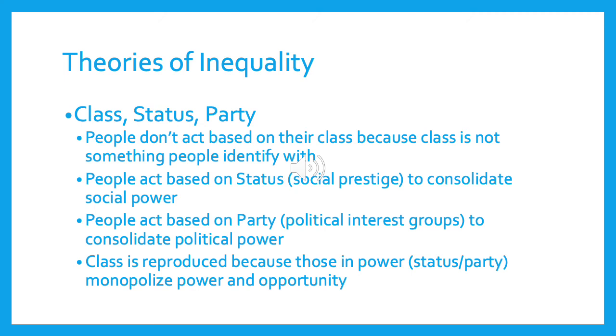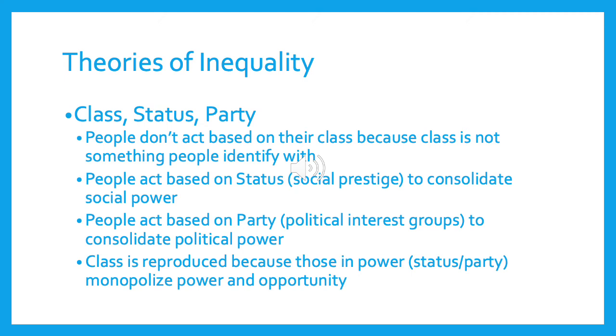Counterintuitively, this is exactly how Weber says that class is reproduced. Weber says that the structure we have, the system of class that we have, is reproduced because those in power, based on their status and their party, monopolize power and opportunity.